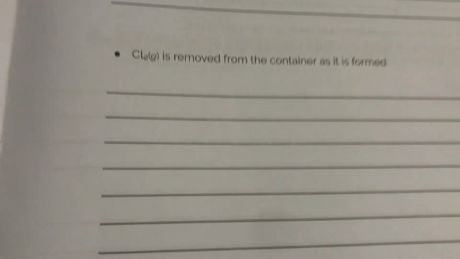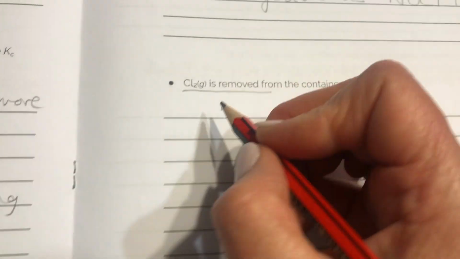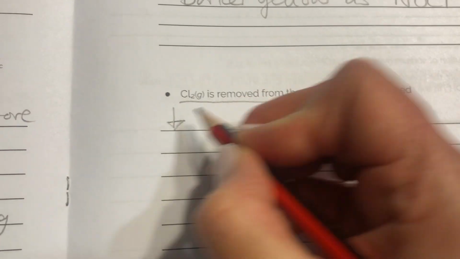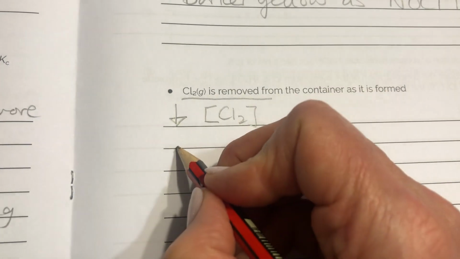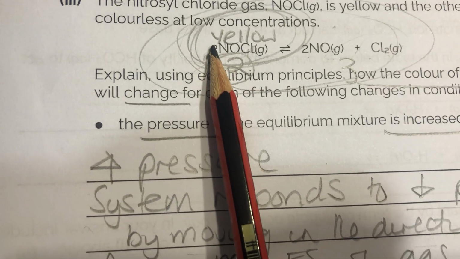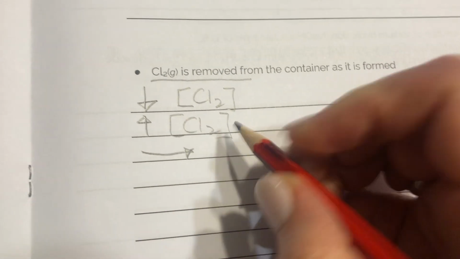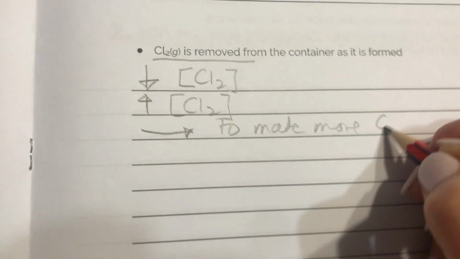Okay, looking at this one, Cl2 is removed. So if we remove Cl2, we are decreasing the concentration of Cl2. So the system will respond to increase the concentration of Cl2. So which direction is going to make more Cl2? It's going to be the right direction. Move to the right to make more Cl2.